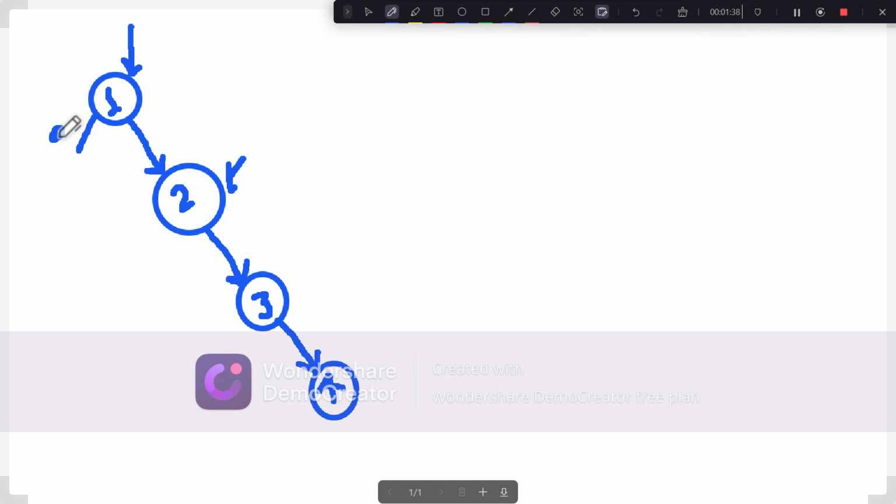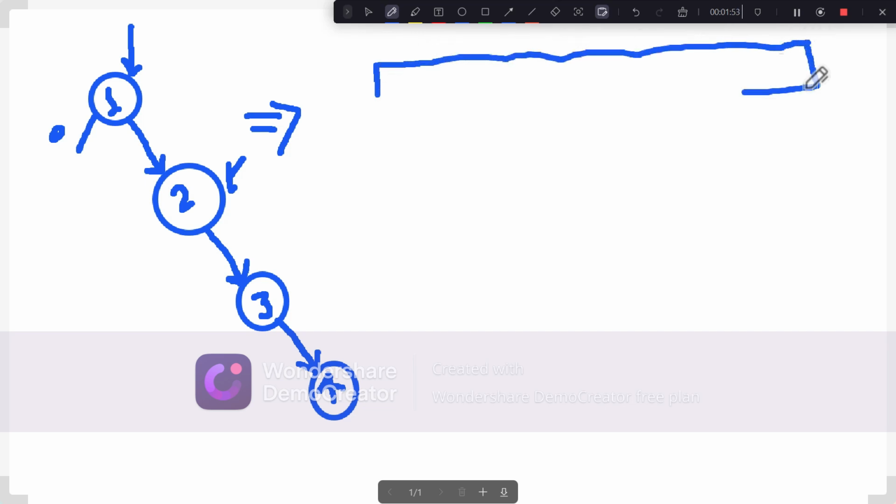So what we have to do is, first of all, get the Inorder traversal values of that binary search tree into some array list, or array you can say. If we do the Inorder traversal of this binary search tree, it will give us the increasing order, right? So we will have something like 1 2 3 4.